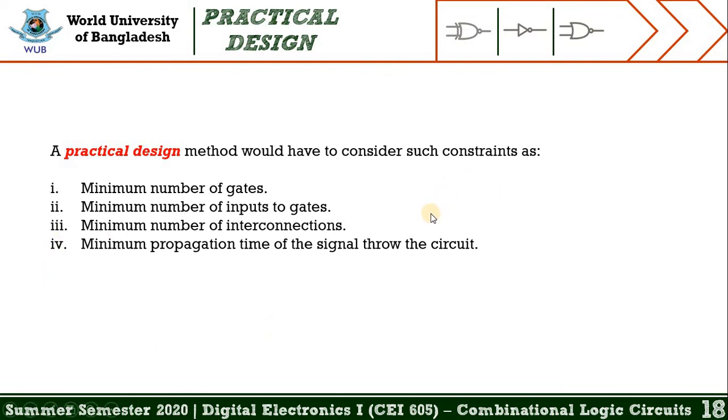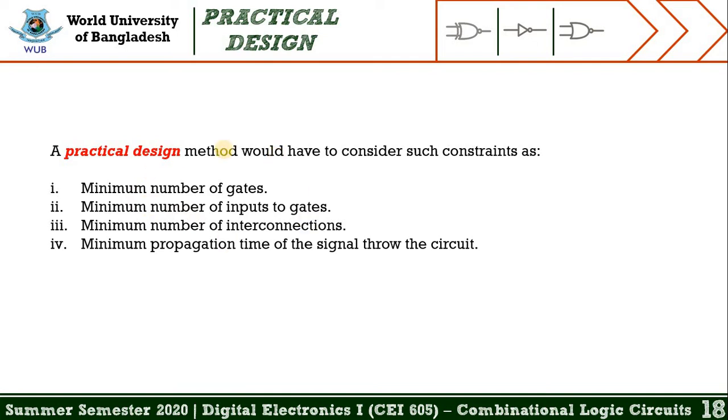If we design a combinational logic circuit practically, we need to consider some constraints. So let's start. A practical design method would have to consider such constraints as number one, minimum number of gates, which means how many gates are required to design a combinational logic circuit.